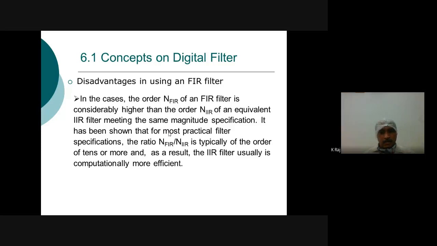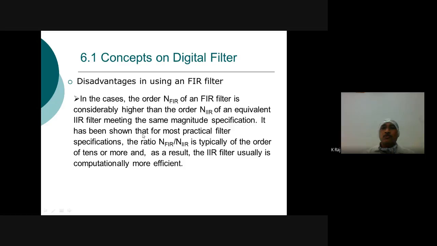In order to get the same specification or the same performance, the order of the FIR filter must be much larger than that of the IIR filter. In most cases the order N_FIR of an FIR filter is considerably higher than the order of the equivalent IIR filter meeting the same magnitude specifications.